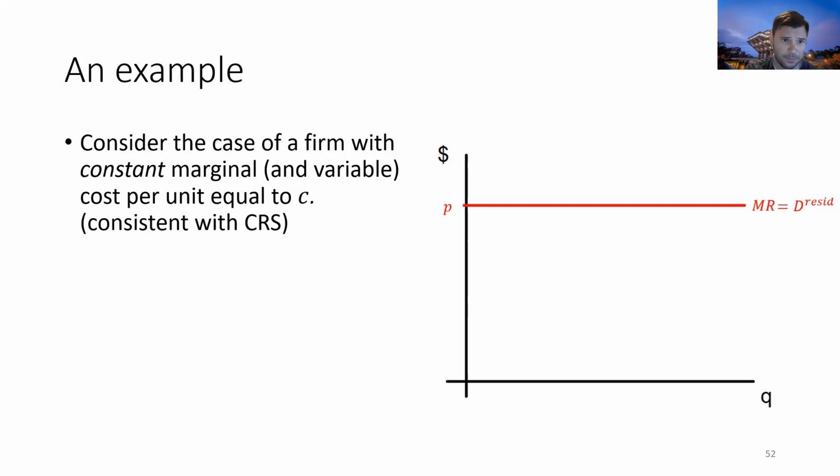This means they have constant marginal cost. They also have constant average cost in this case if there's no fixed cost, but we'll just leave it at this for now. And you might remember this as a case that happens if you have constant returns to scale technologies. You get a linear cost function, so the slope of it winds up being constant.